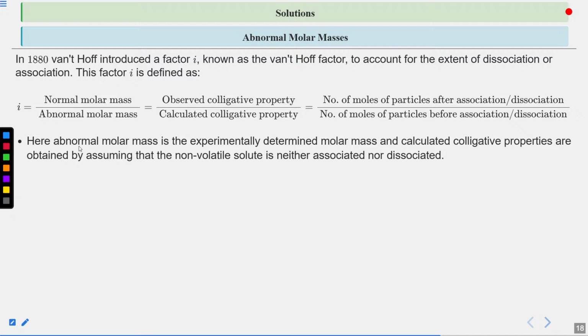As I said, the abnormal molar mass is experimentally defined, and the calculated colligative property is the one obtained by assuming that the non-volatile solute is neither associated nor dissociated.